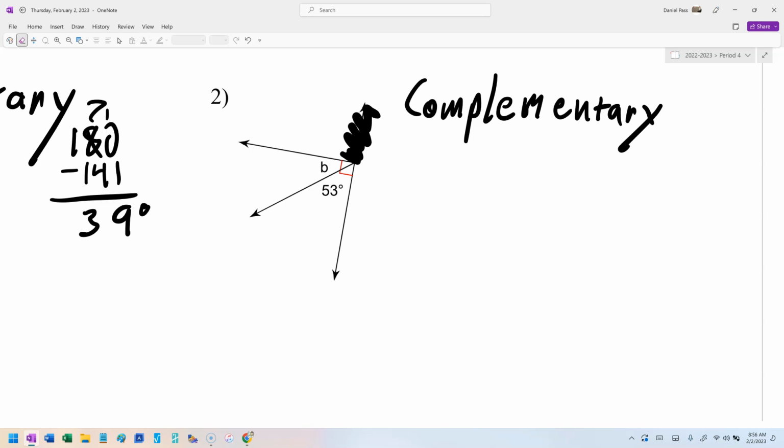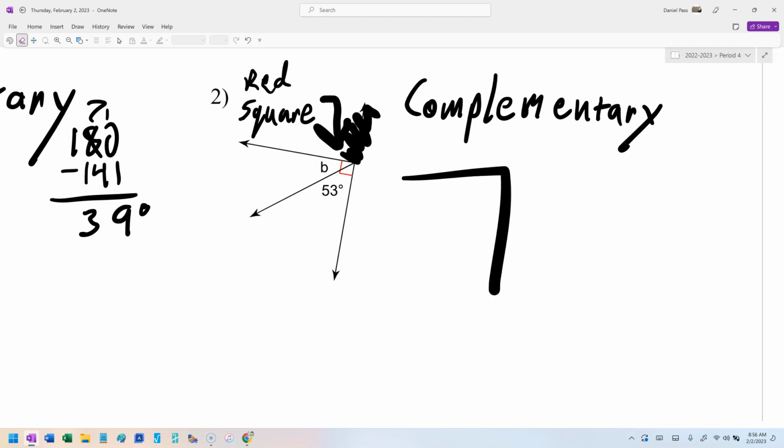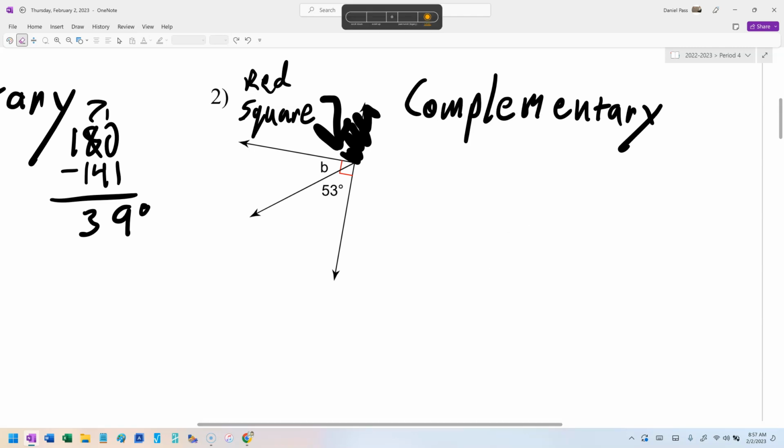Good. See, I knew you knew that. This little red square always stands for 90, or they could say in words, this is a right angle. But if they don't have that box, just because it looks like that doesn't mean it actually is. It could be a little bit off, like 91 or 89.